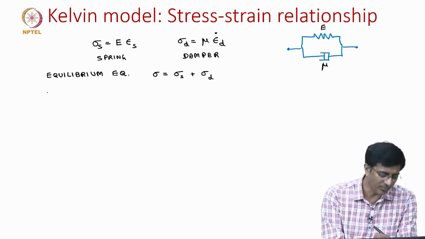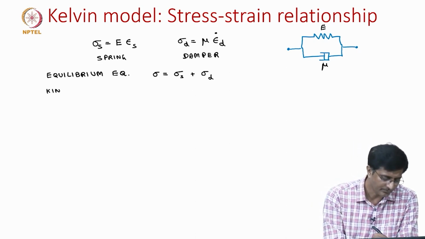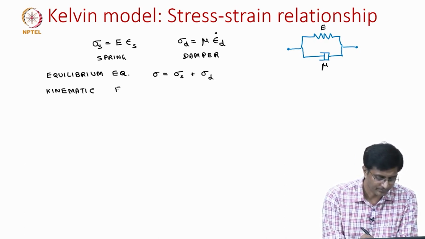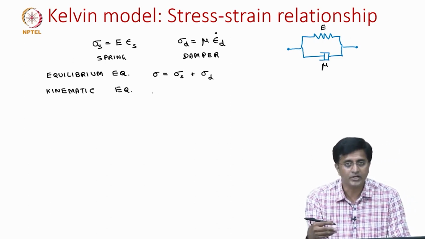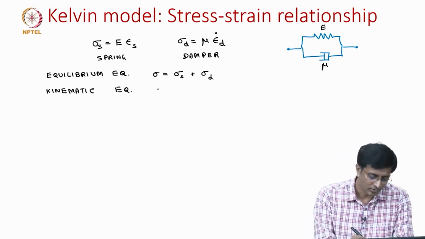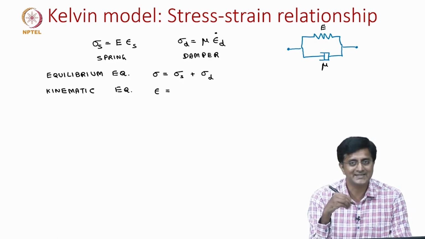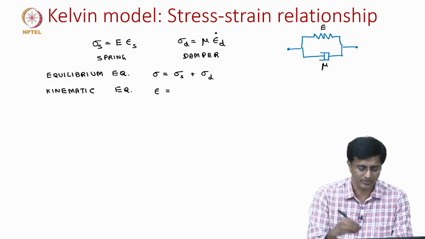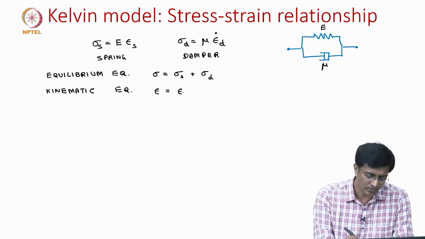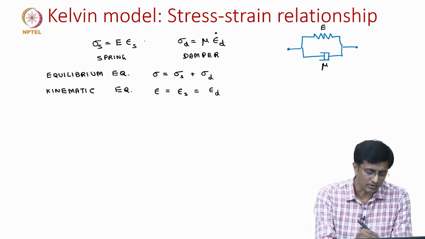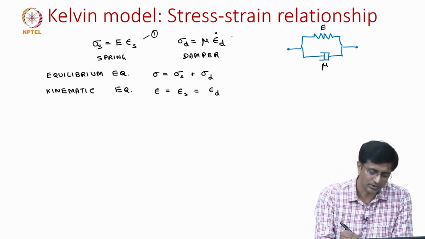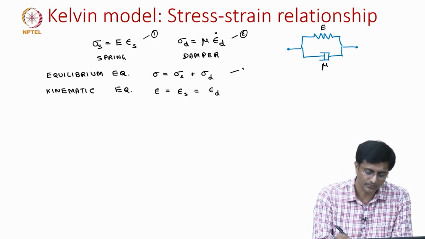Now, the kinematic equation. Since both are in parallel, the overall strain is the same in the spring as well as the damper, so epsilon is equal to epsilon s, which is equal to epsilon d. Again, let us name these as equations 1, 2, 3 and 4.